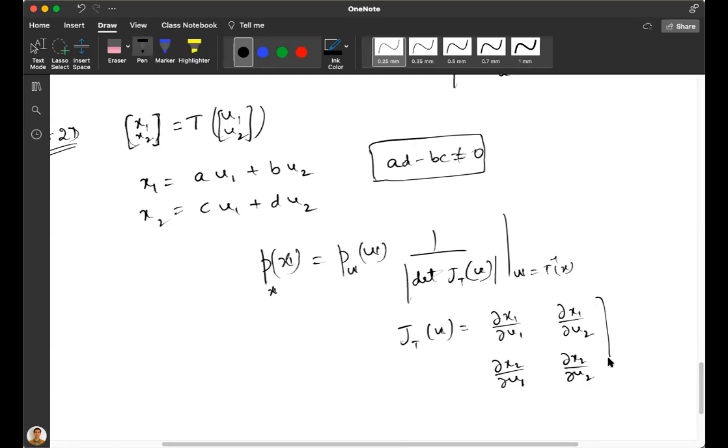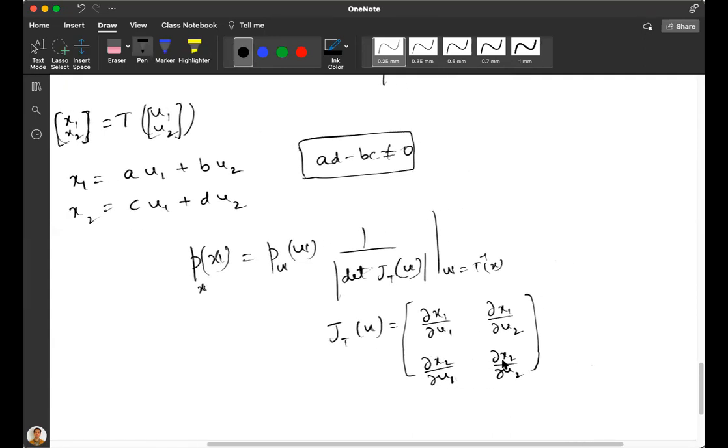And this is my determinant, sorry, Jacobian. So what is this equal to? Is that correct? Yes, thank you.